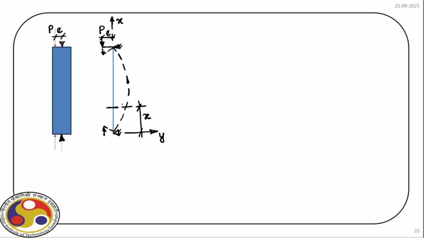Now, the deformation here is y, and the moment at x, let that be Mx. This moment is the load P. Earlier we had no eccentricity, so we multiplied this load with y, but right now we have eccentricity e plus y, and that is the lever arm. So if we multiply load with the lever arm, we get the moment acting at a distance x from the bottom end, right?